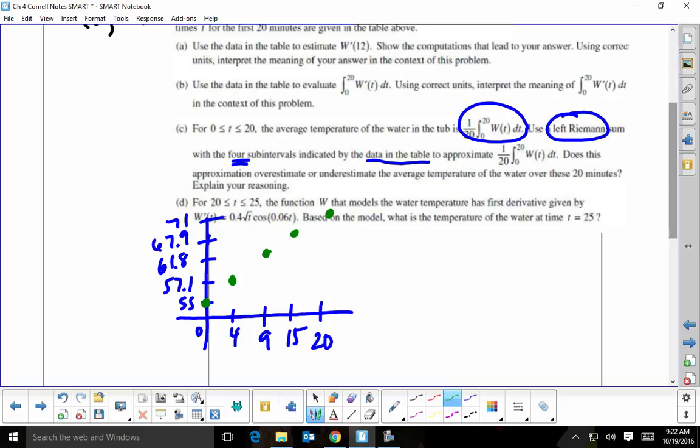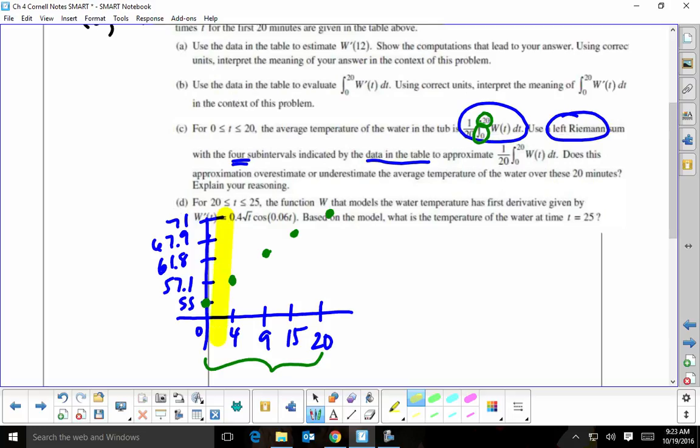They would make that easy, everything in increasing order. It told me I was going to have 4 subintervals, and I'm going from the 0 to 20. Right? Here I can see my 0 to my 20. And I need 4 subintervals.